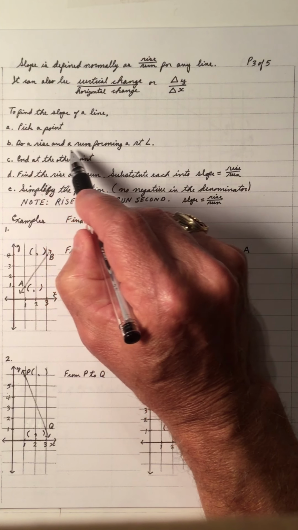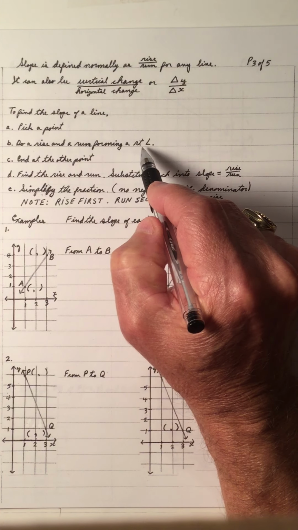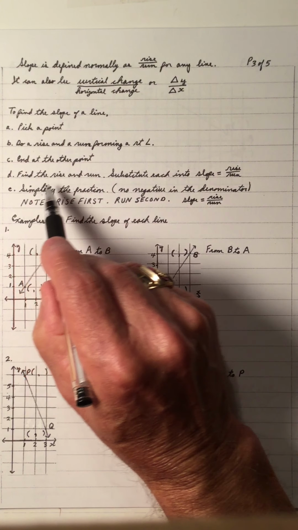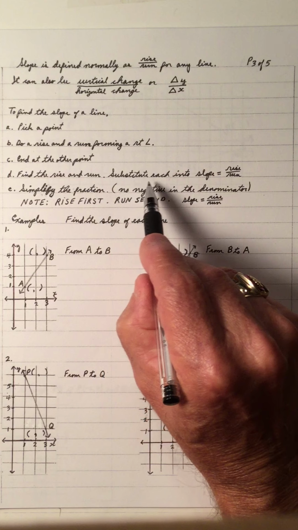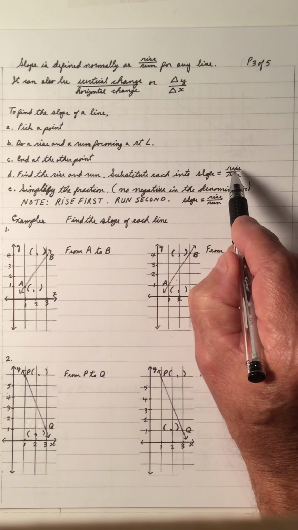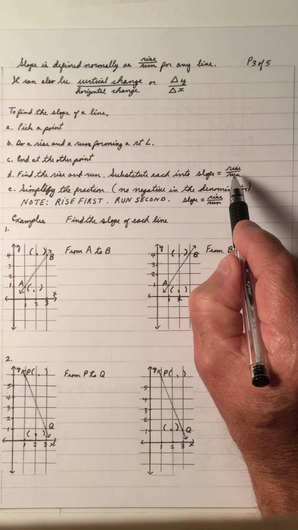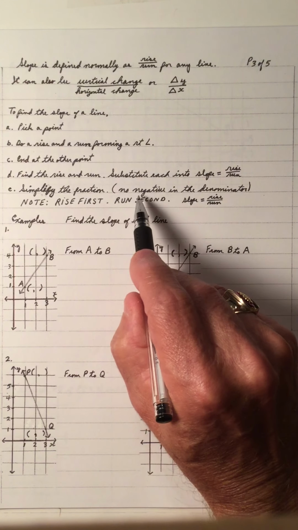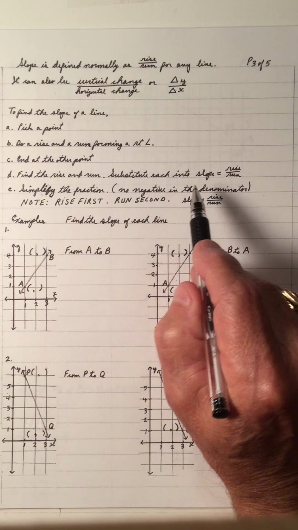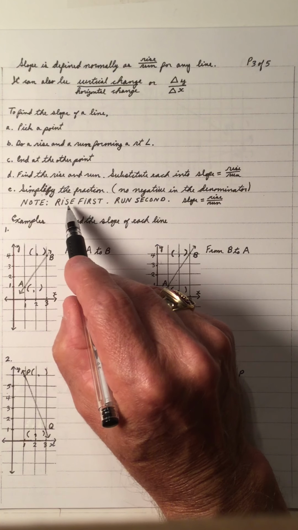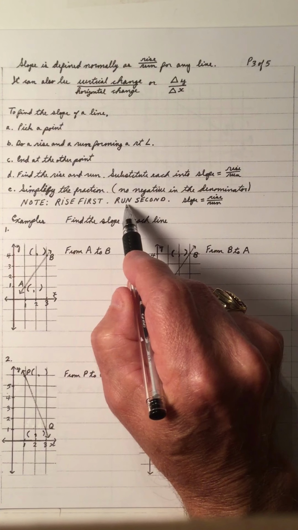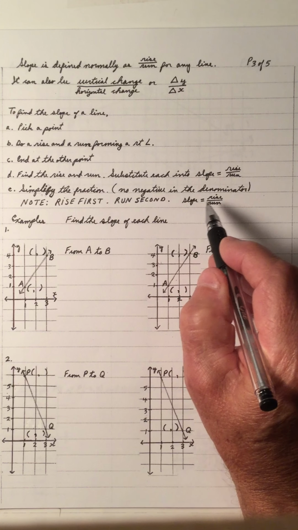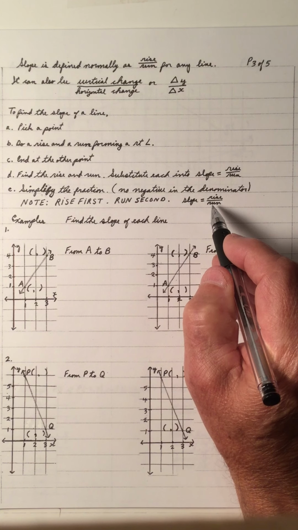We do the rise and the run, forming a right angle, and we end at the other point. Find the rise and the run, and then we substitute into the slope formula as rise over run. Simplify the fraction. No negatives in the denominator. Note, I always do the rise first and then the run second, because the slope is defined as rise over run.